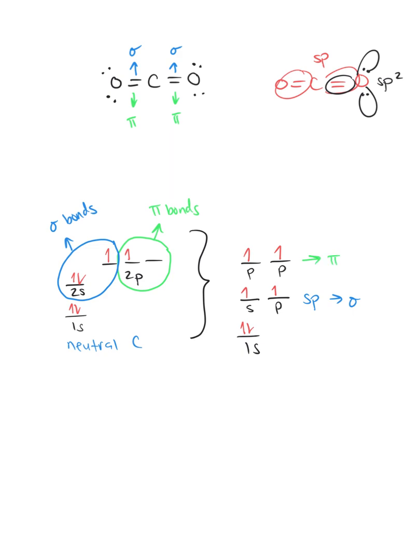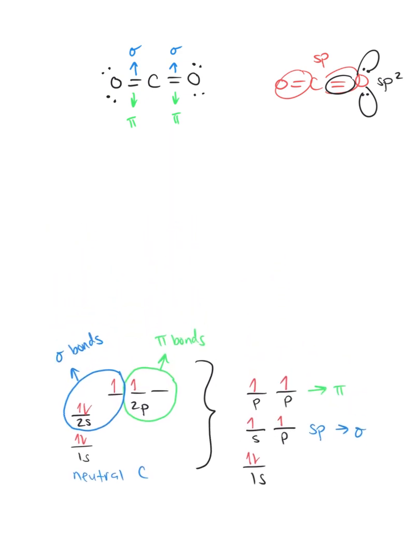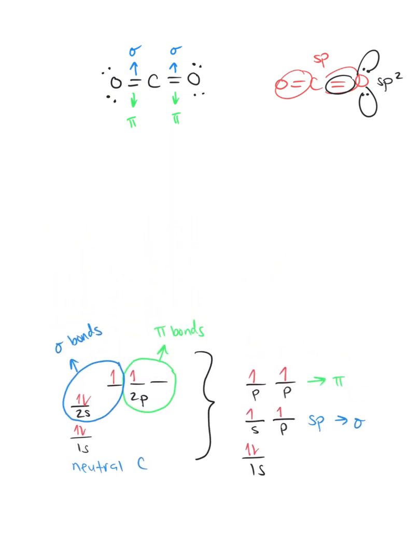Now when we introduce the oxygen into this diagram, I'll put 1 oxygen above. If we draw the neutral oxygen, we have 1s, 2s, 1, 2, 3, 2p. So neutral oxygen has 8 electrons. 1, 2, 3, 4, 5, 6, 7, 8.